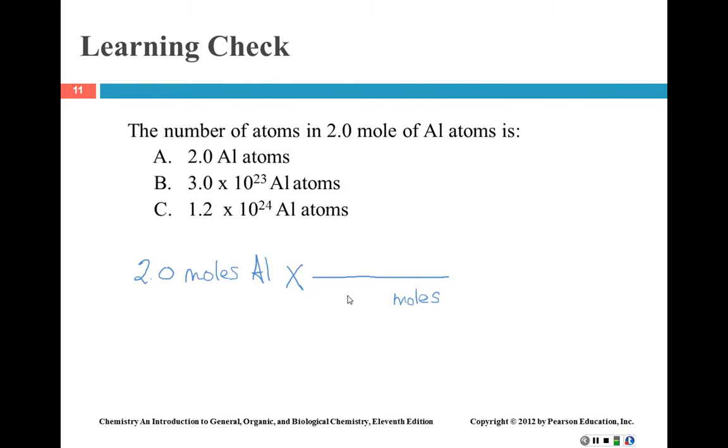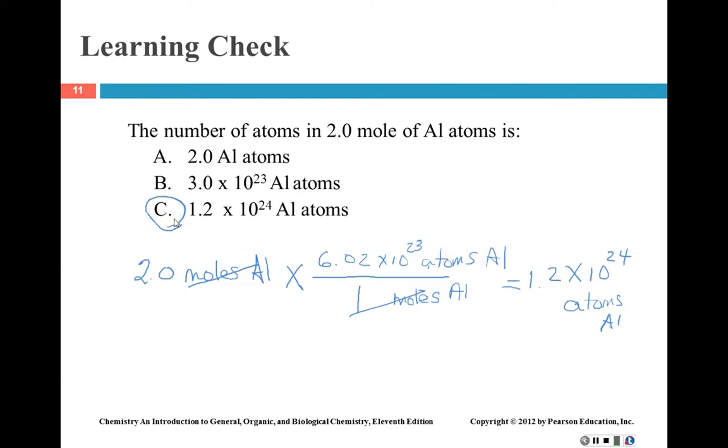So we know 1 mole is 6.02 times 10 to the 23rd atoms. And then moles cancel. Should say aluminum. Okay, and so that should give us, put that in your calculator, 1.2 times 10 to the 24 atoms of aluminum. Okay, and so I guess that would be answer C.